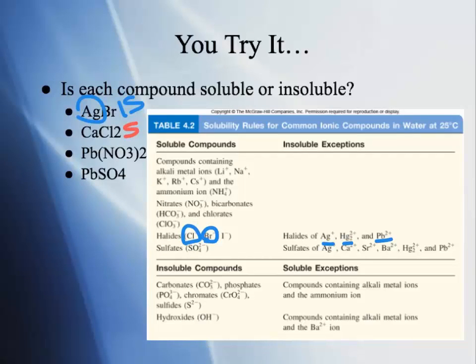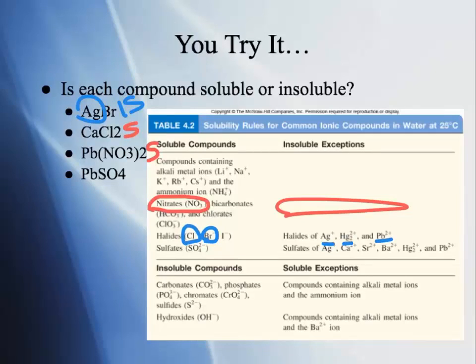Calcium chloride is soluble. Moving on to the next, we have lead nitrate. Nitrates are typically soluble, and we don't have any exceptions on this side. Fabulous. That means that lead nitrate is soluble.